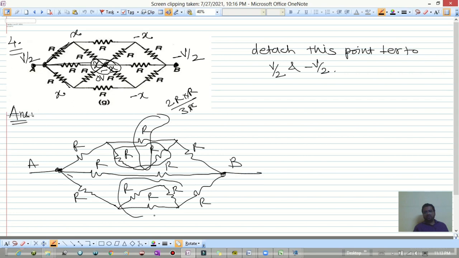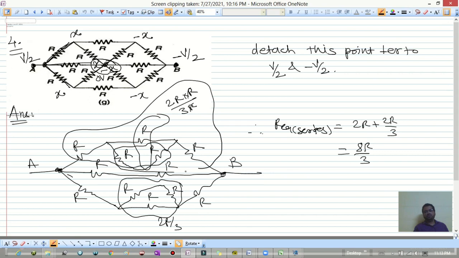Likewise over here, 2R by 3 is in series with this 2R. So the equivalent resistance in series is 2R plus 2R by 3, which is 8R divided by 3. So the total of this upper part is 8R divided by 3.